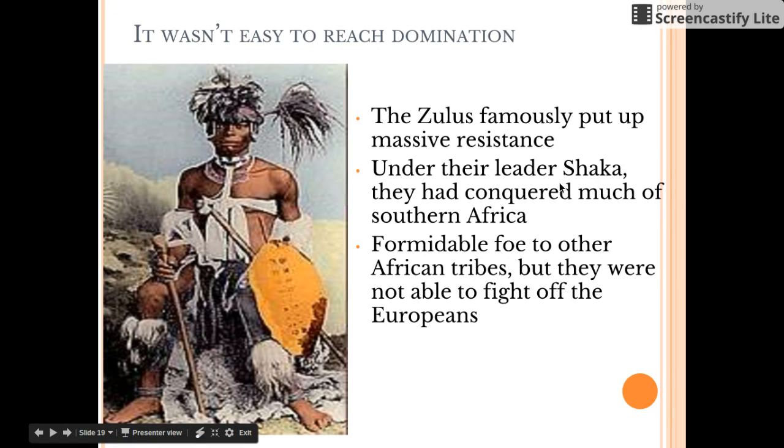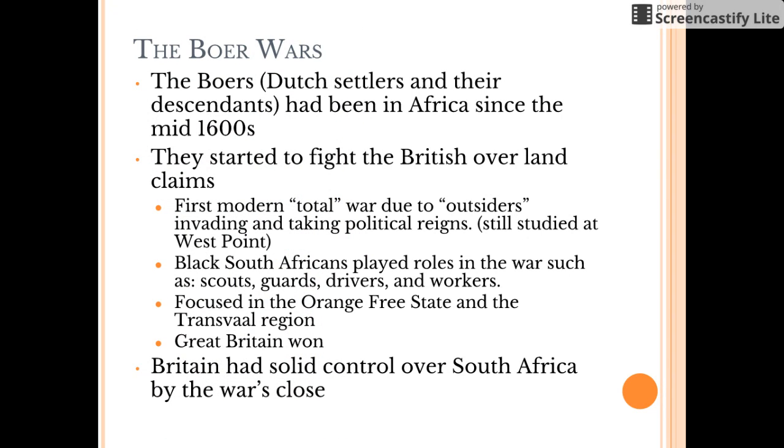According to some of the sources, he was supposed to be something like 7 feet tall with a 10-foot wingspan, and he would kill people from 20 feet away with a spear, just swinging it around, not even having to throw it. They were unable to fight off the Europeans' most important invention, which they had access to, which of course was guns. And we'll pay a little bit more attention to that next week in class.